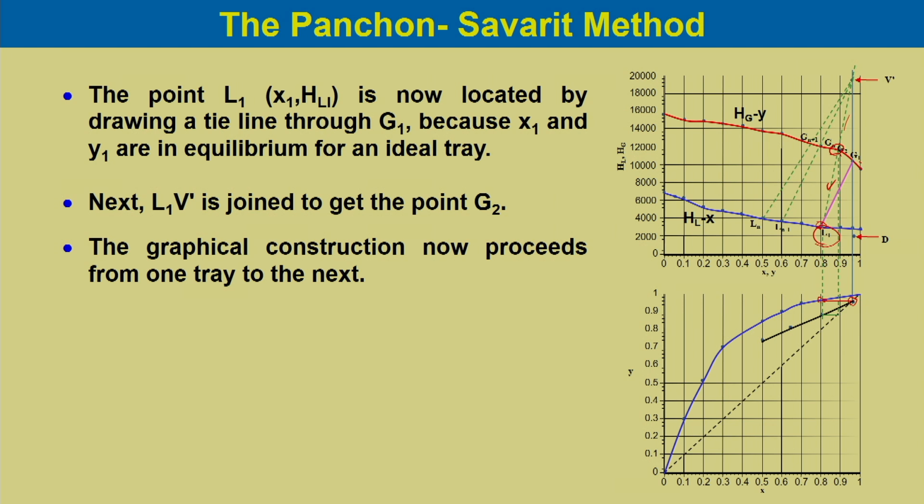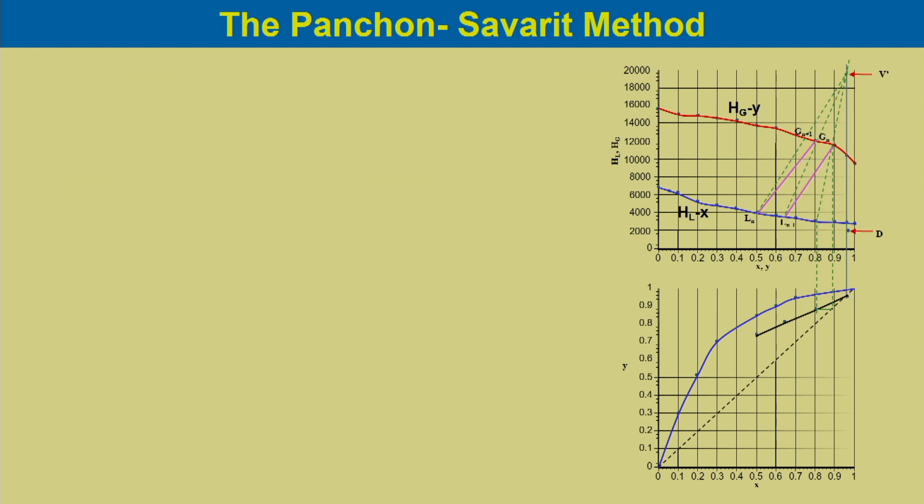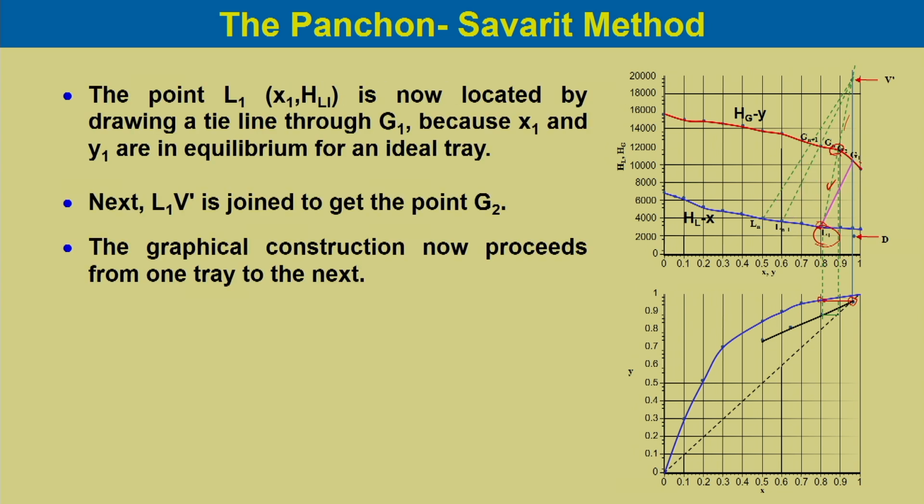The graphical construction now proceeds from one tray to the next, and you can get similar points from tray to tray, G1 to G2 to G3 and so on up to Gn plus 1, and also L1 to L2 to L3 and so on. So you can find different tie lines and the number of plates.